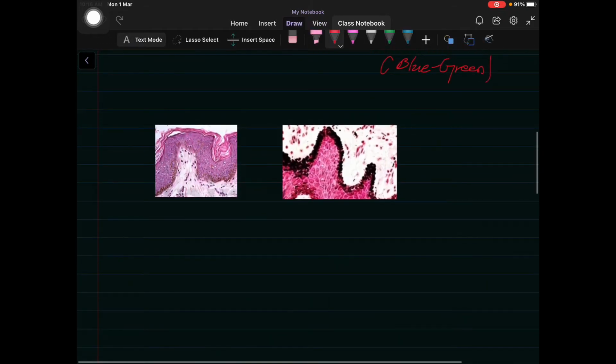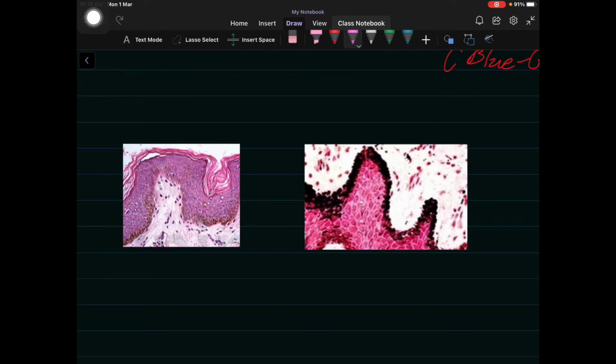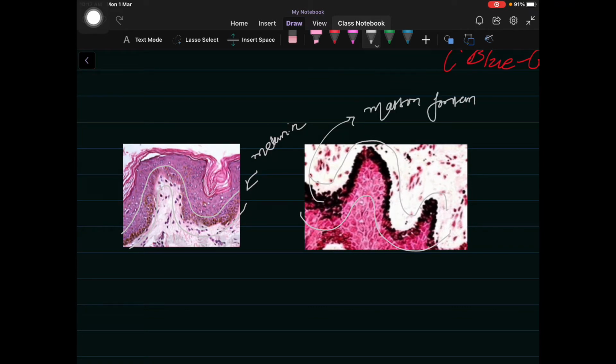Let's check out the pictorial representation. This brown black pigment is the melanin. It is the normal melanin, and in the other picture we can see the black color due to the Masson Fontana.